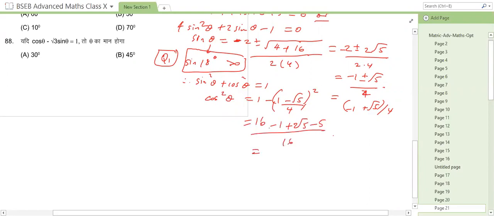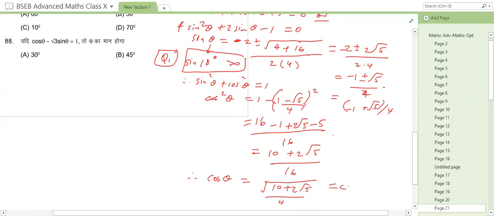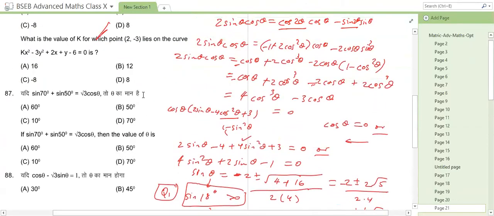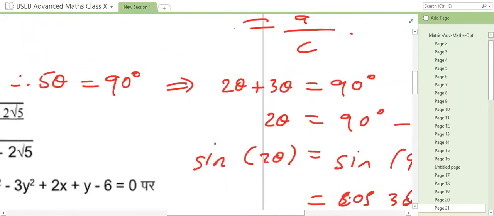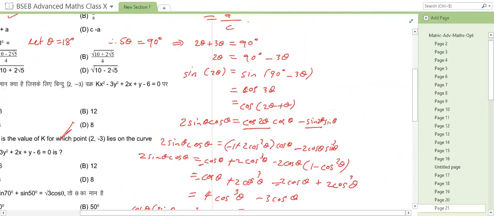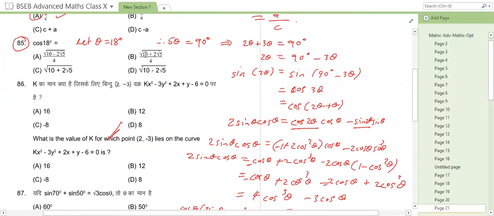So 16, 15 minus 5 is 10, plus 2√5, over 16. Therefore, taking a square root, cos theta will be square root of 10 plus 2√5 over 4, which is equal to cos of 18 degrees. And that's how we solve cos of 18. First find sine 18 and then manipulate using the identity to find cos of 18 degrees. So your solution is square root of 10 plus 2√5 over 4, which is option B.